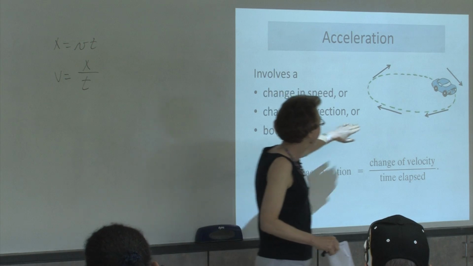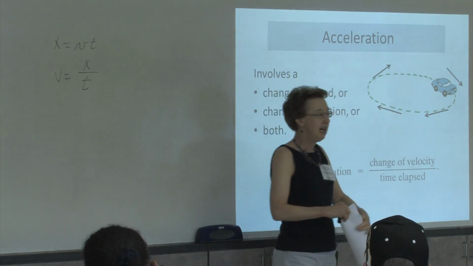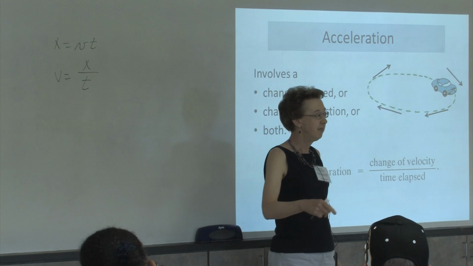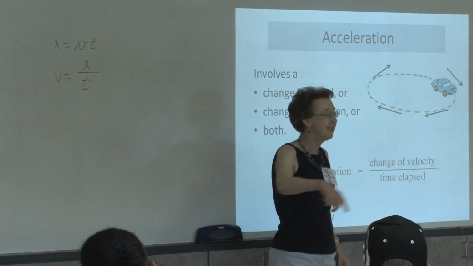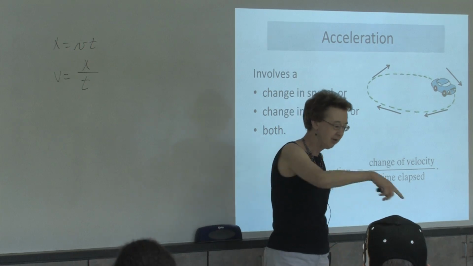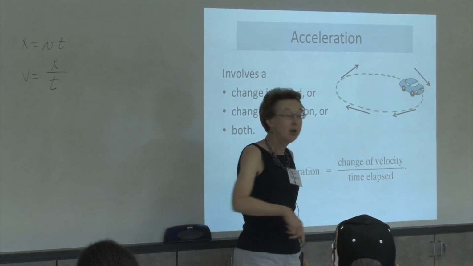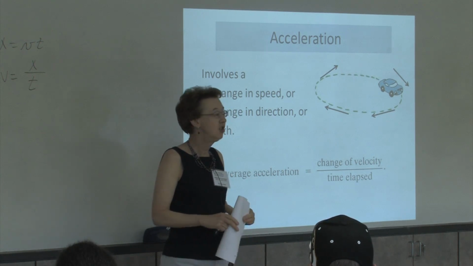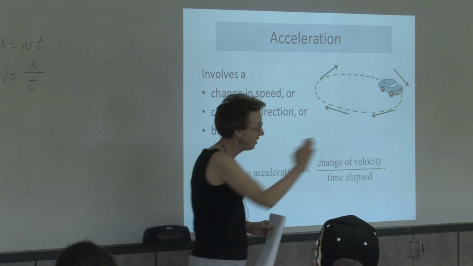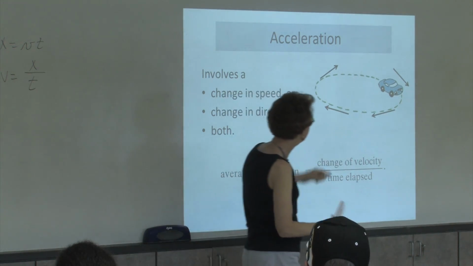But in physics, I could have a situation such as I'm in my car going on a circular track and I am traveling at the same speed, 30 miles an hour. So my speed is constant, but I'm continually changing my direction. I'm not going in a straight line. Okay? So I'm going around.